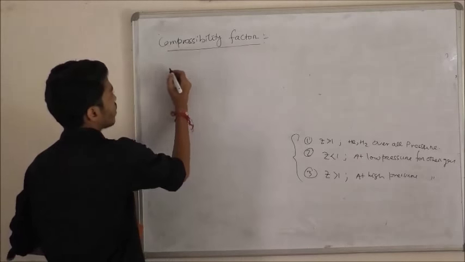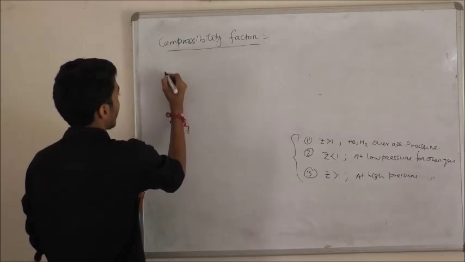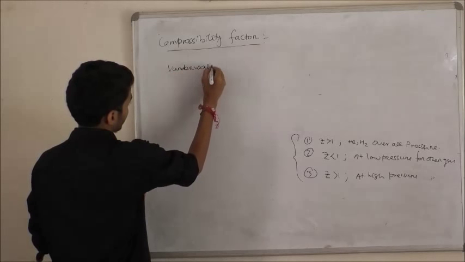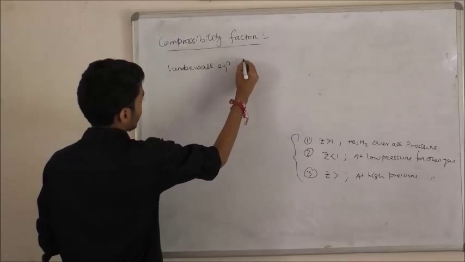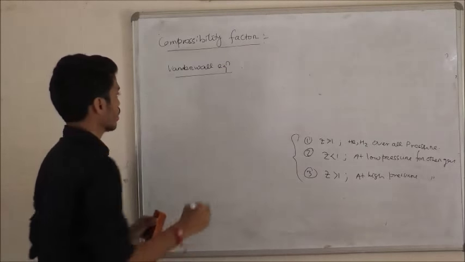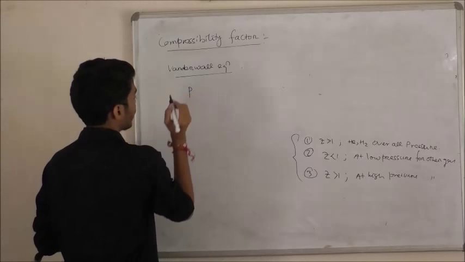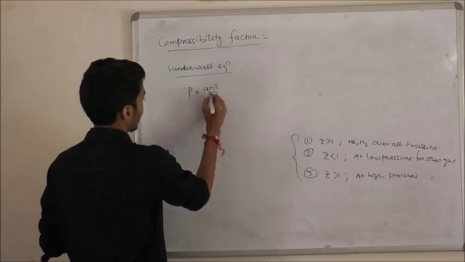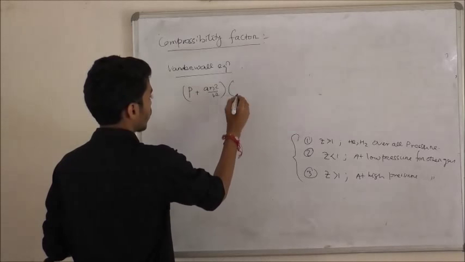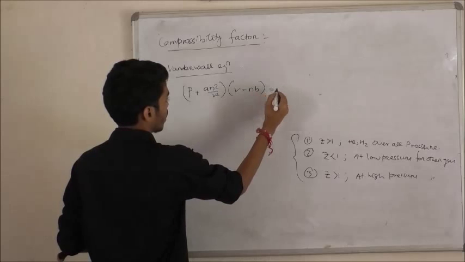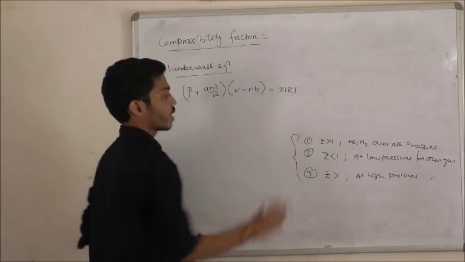So let's write the van der Waals equation first. According to the van der Waals equation, (P + an²/v²)(v − nb) = nRT.